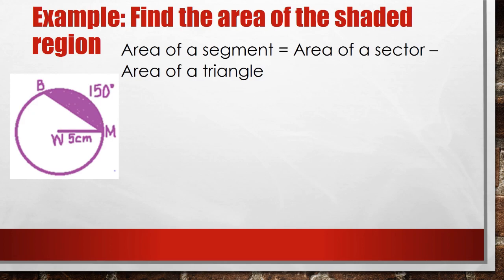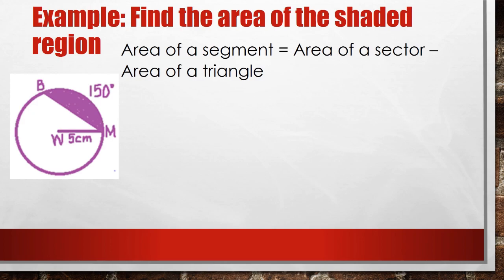Pero, since hindi naman siya totally shaded lahat, di ba sa sector kailangan totally shaded lahat. Yun lamang dulo ang may shade. Kaya, ito lang naman ang kailangan natin, hindi yung kabuuan ng circle.